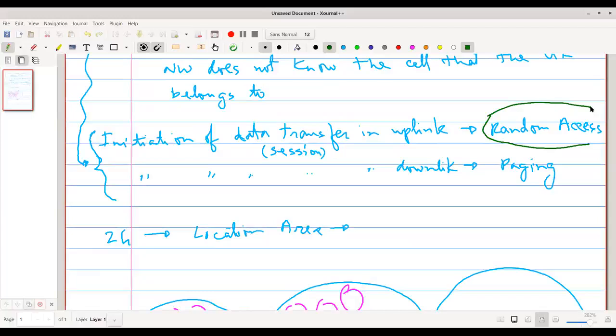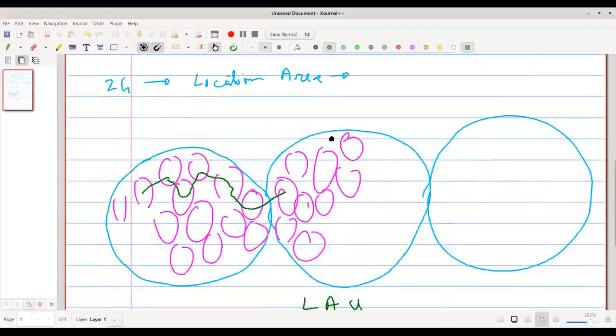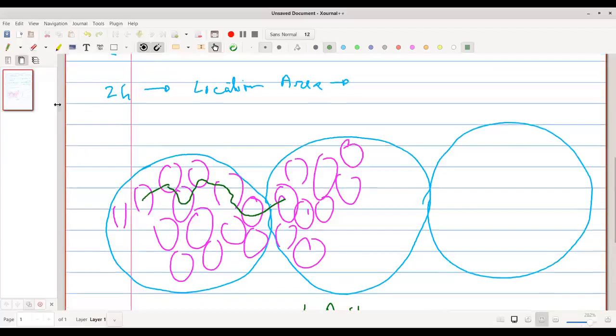Now the question is how the UE comes to know that it has moved to a different location. As I said, every location area has a location area code. So it finds that the location area code has changed. Maybe the location area code was LAC1 here, here it is LAC2, here it is LAC3.